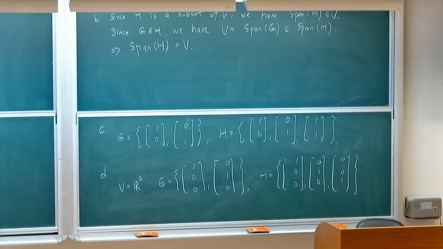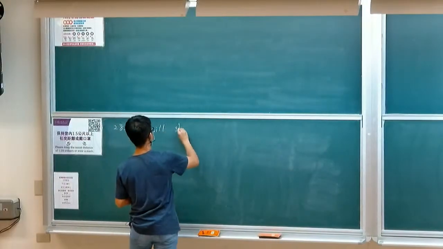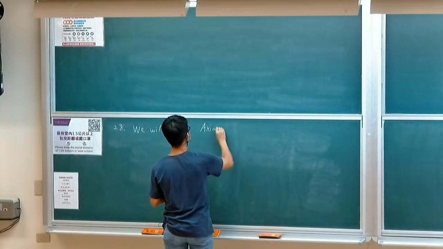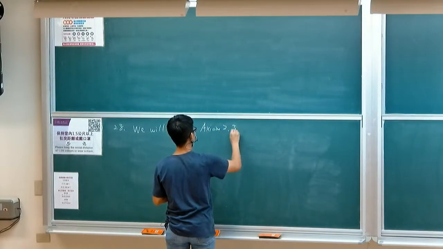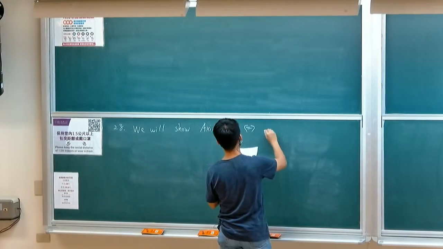Now let's go to exercise 28. Here we will show that axiom 2 and 3 and this new axiom can imply each other.